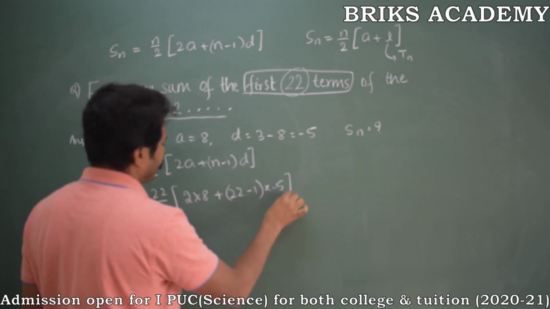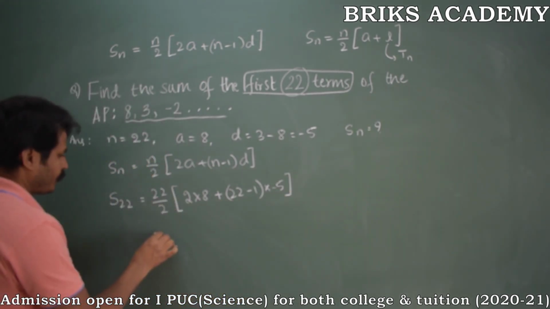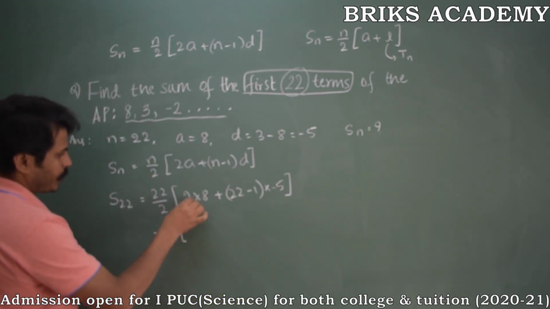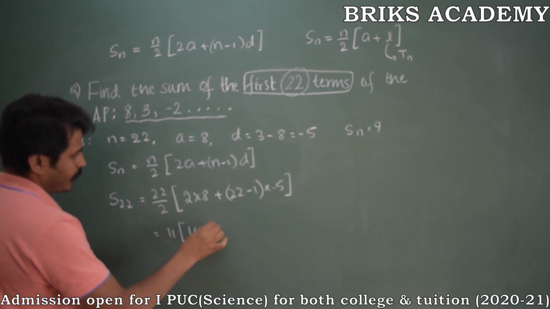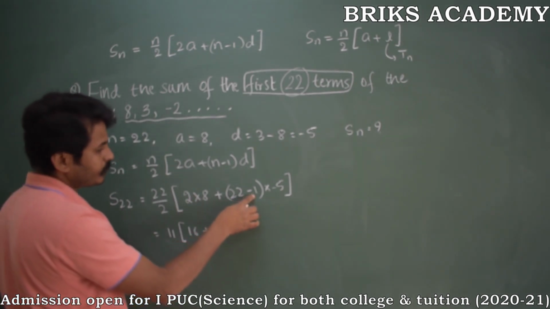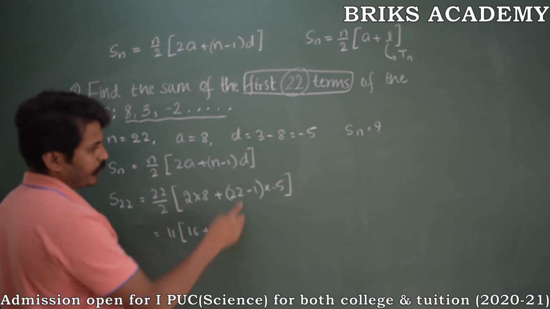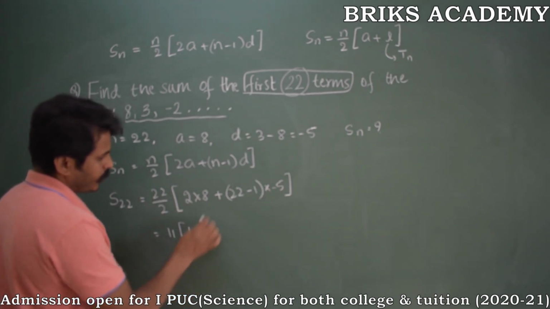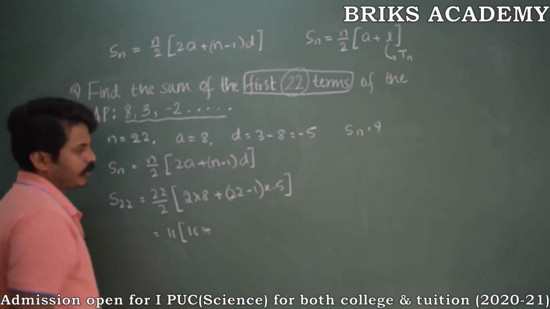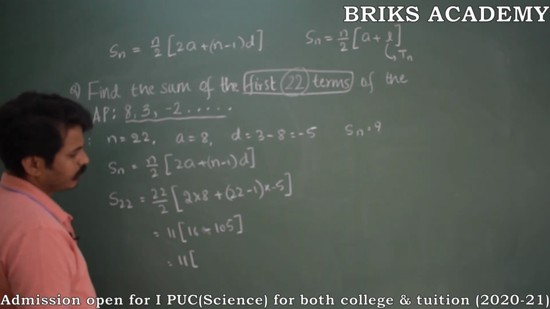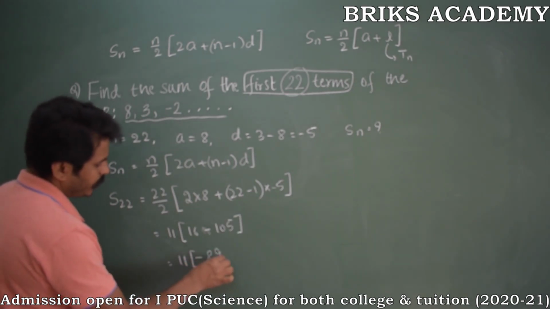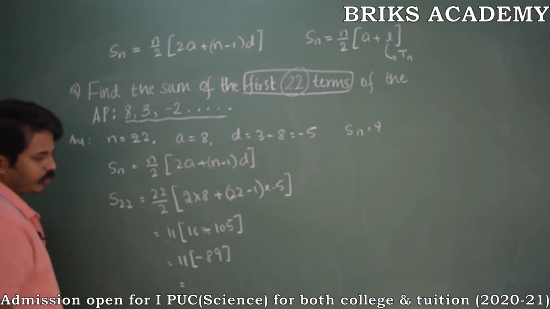Minus 5. That is equal to 11 into 8 twos are 16 plus 22 minus 1, 21, into minus 5, minus 89, 11 into minus 89.